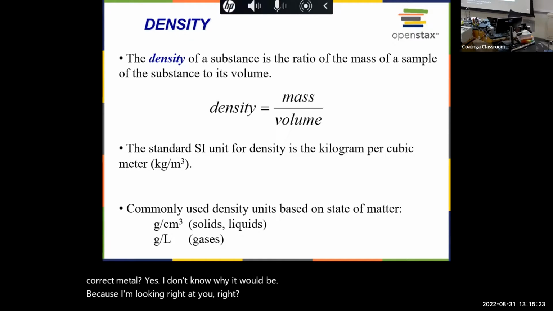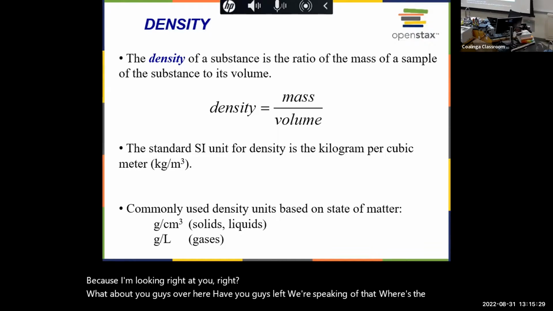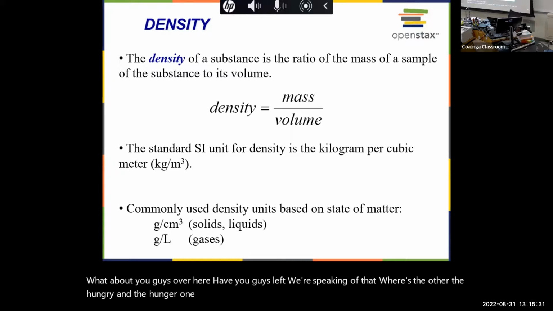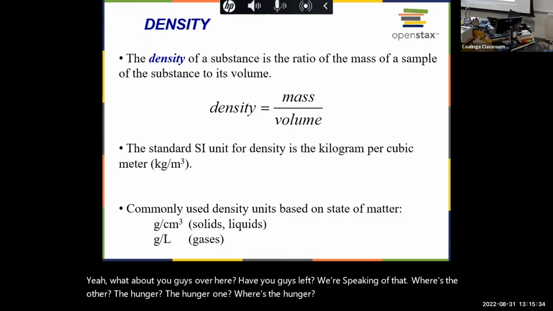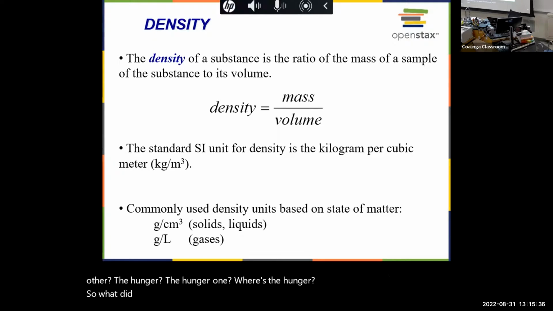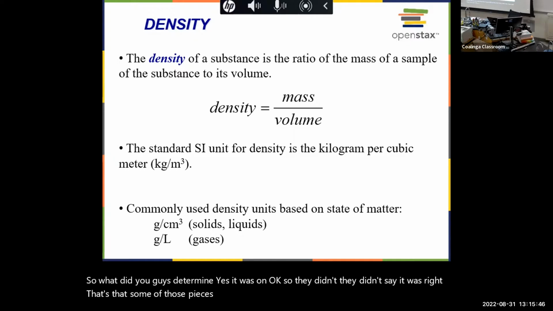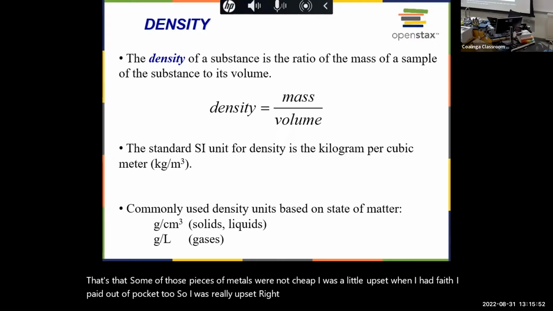What about you guys over here? Half of you left. Where's the hungry one? So what did you determine? It was on. Okay, so they didn't sell me a bill of goods, so it was right. That better be good, because some of those pieces of metal were not cheap. I was a little upset when I paid. I paid out of pocket too, so the school wasn't paying for it at that point.